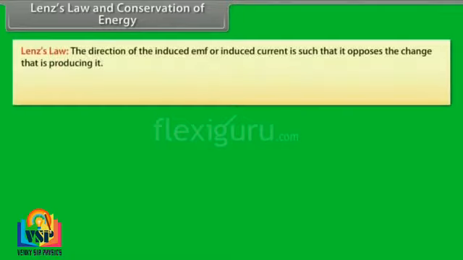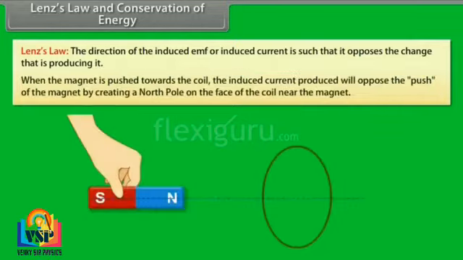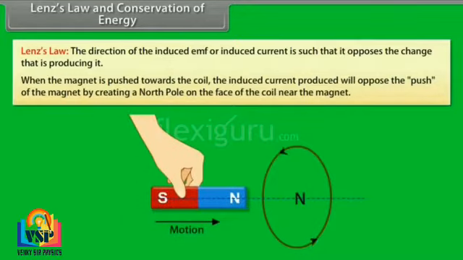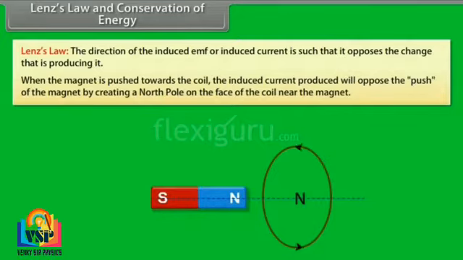Coming to Lenz's law, the direction of the induced EMF or induced current is such that it opposes the change that is producing it. When the magnet is pushed towards the coil, the induced current produced will oppose the push of the magnet by creating a north pole on the face of the coil near the magnet.